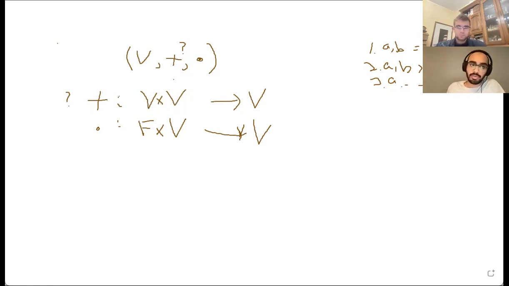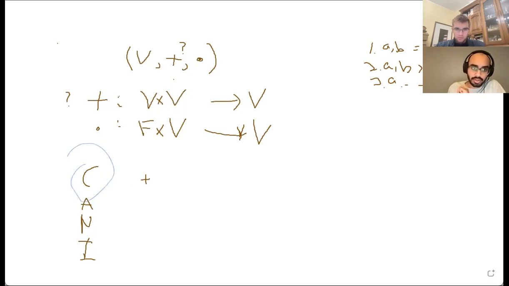The first ones are statements about the addition, so those are canny. So this is basically saying that V plus W, lowercase letters, what does it stand for?